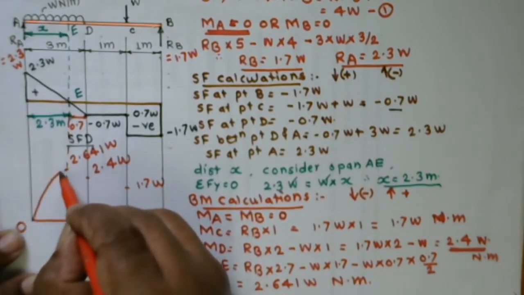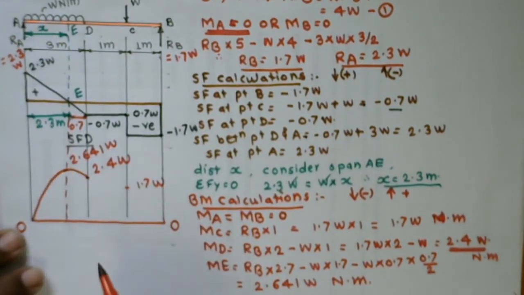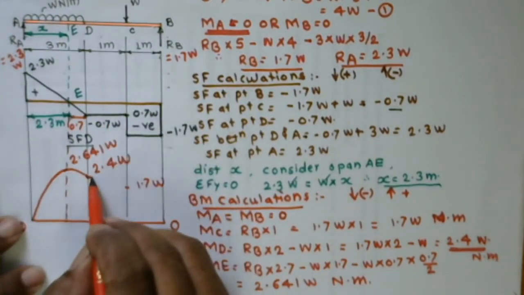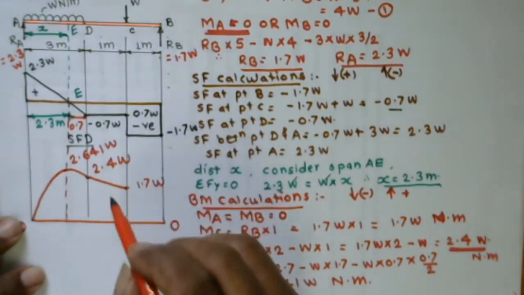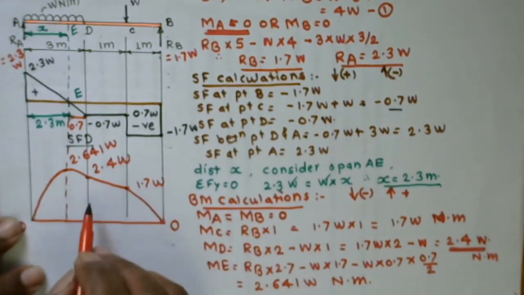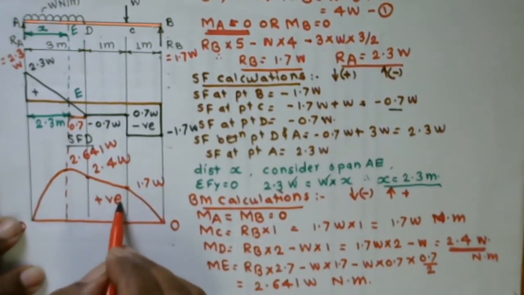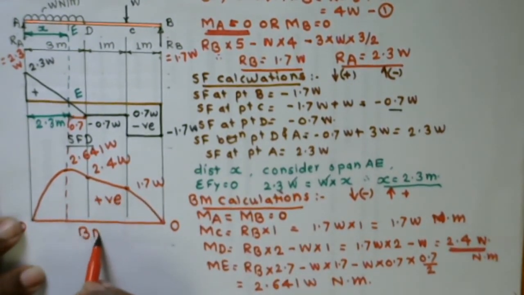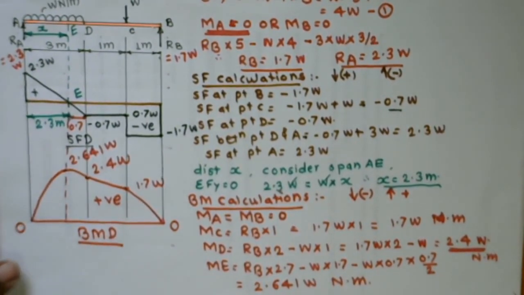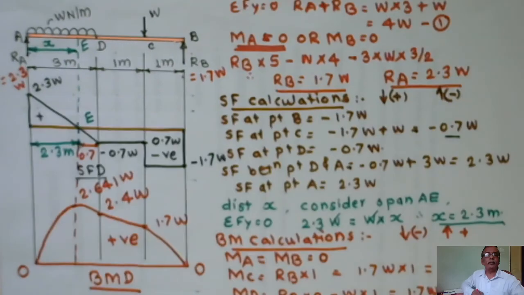So this point we have to join by the parabolic curve, and D and C by inclined line, C and B also inclined line. So this complete our positive bending moment diagram. I hope you understood all this numerical.